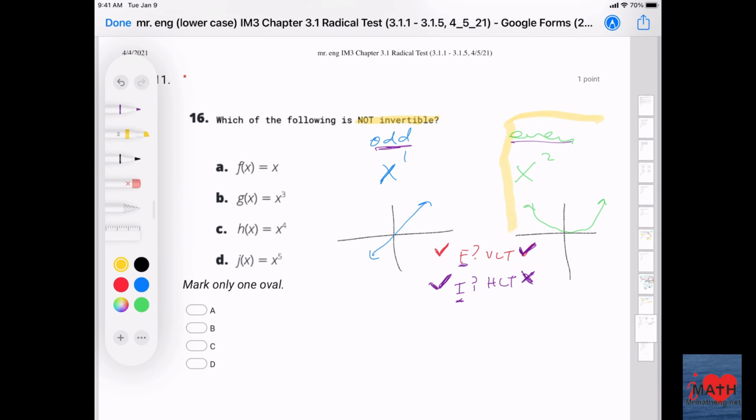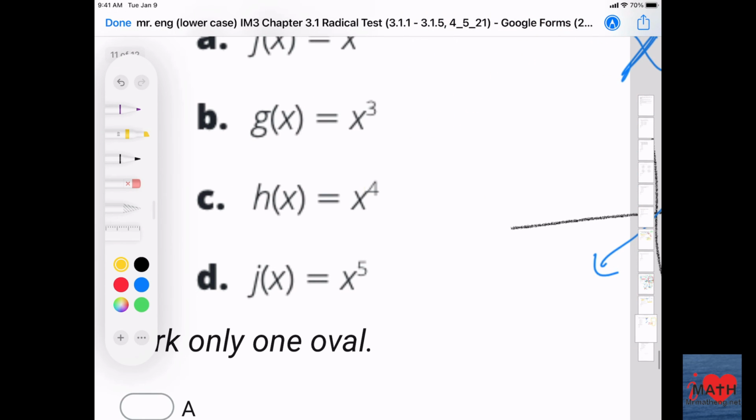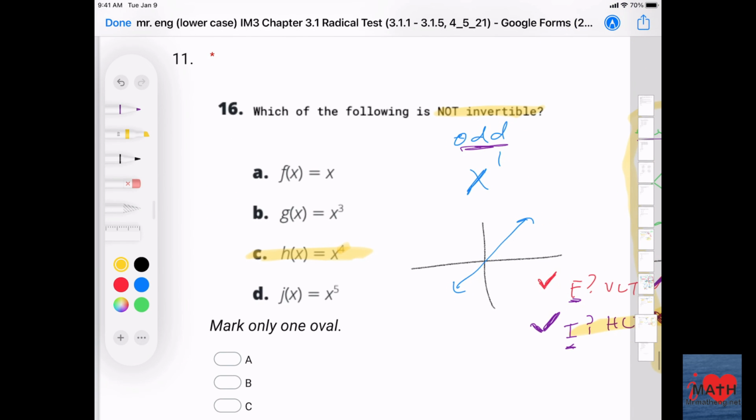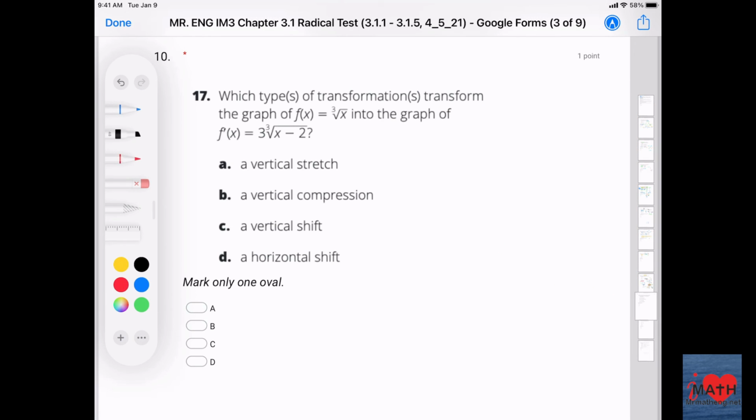That's anything that is even, because we just said it fails the horizontal line test. So if I look at all the evens, then only one even is right there. So the answer for number 16 is C.